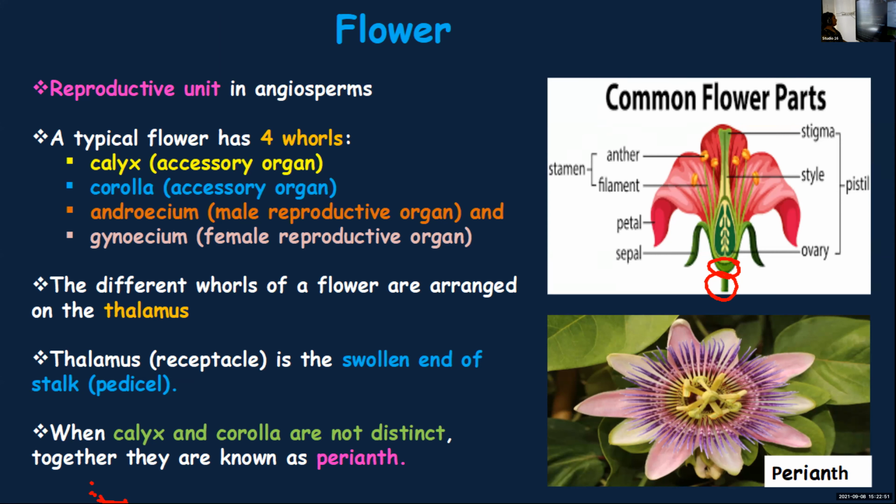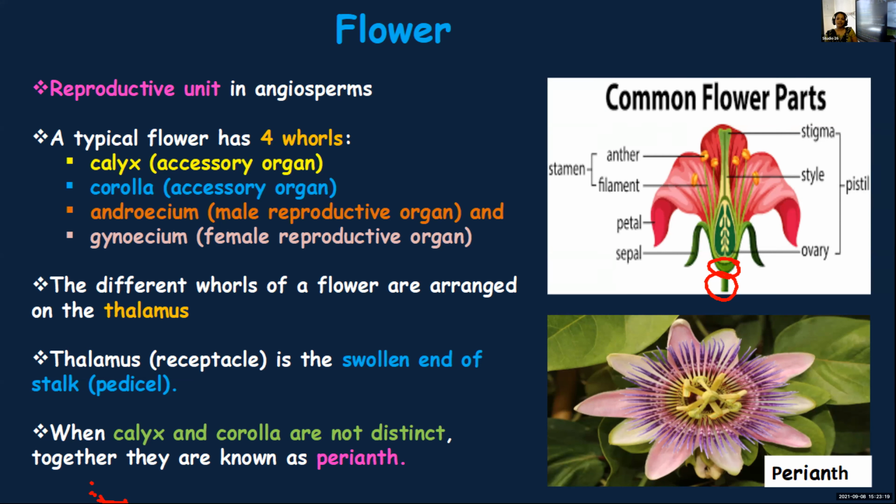When calyx and corolla are not distinct, when you cannot separate out calyx and corolla, you call it perianth. Perianth is when we cannot demarcate or distinguish between sepals and petals.